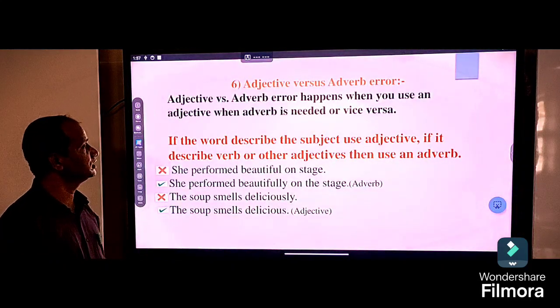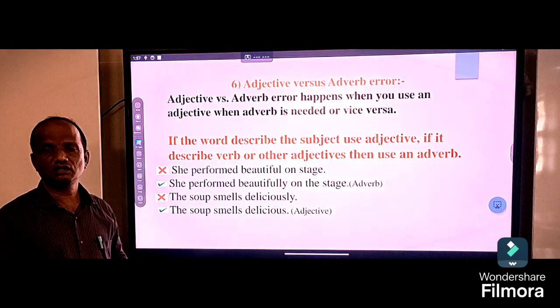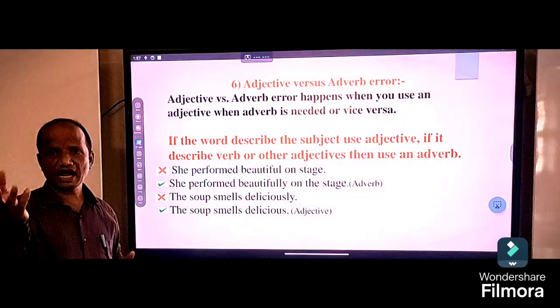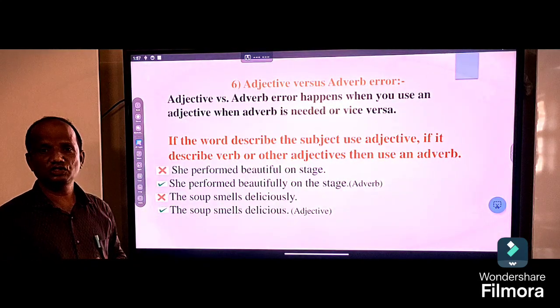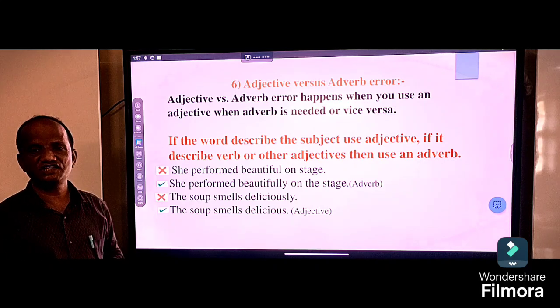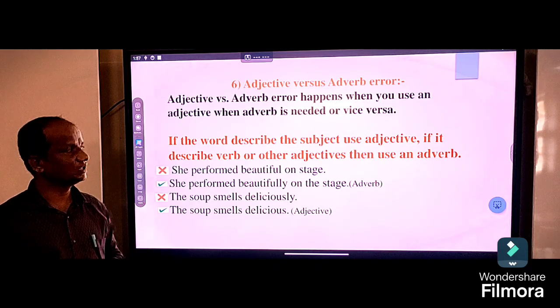My dear friends, sometimes in our sentences we misuse them. When an adjective is needed, we use an adverb. When an adverb is needed, we use an adjective. And in such sentences, this error occurs.